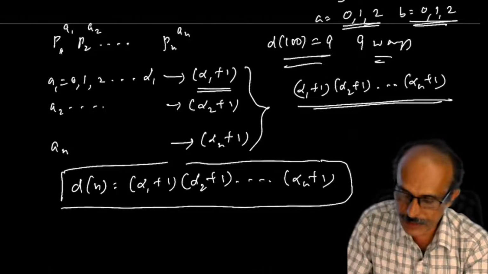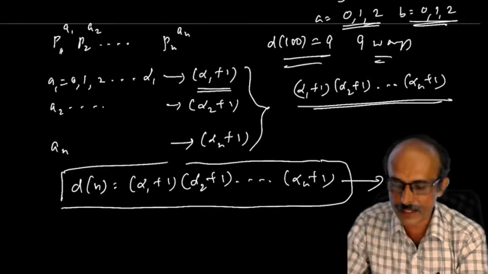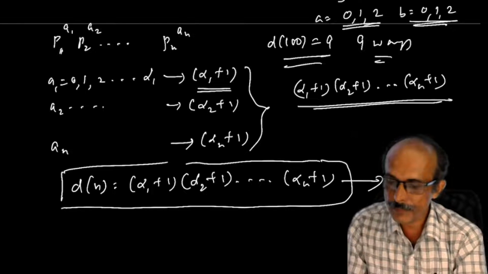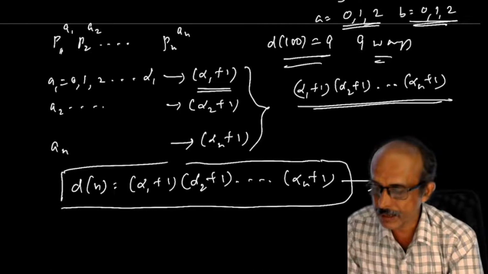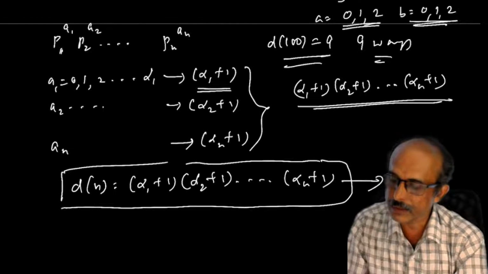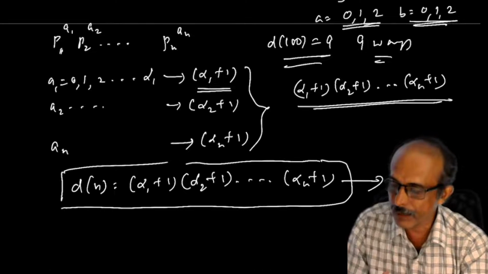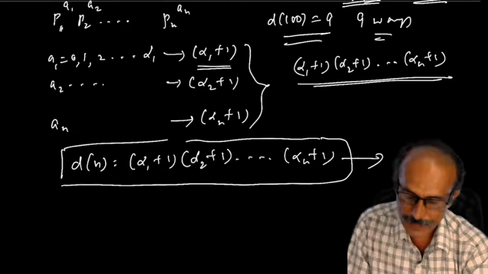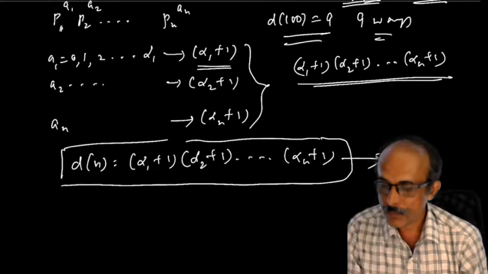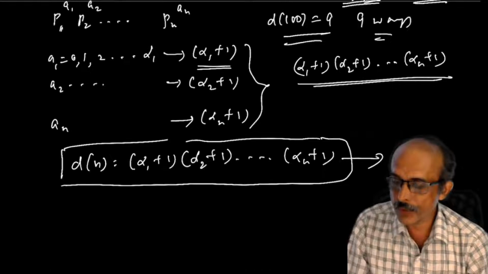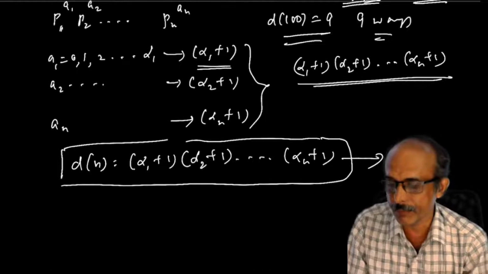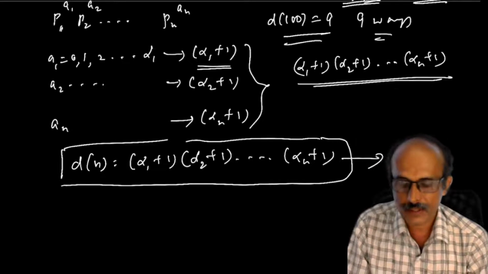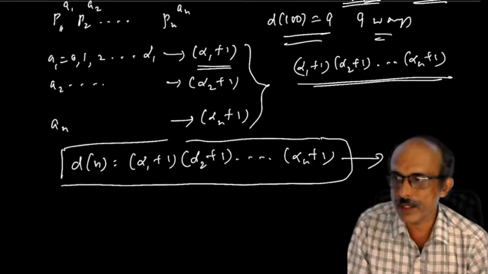So using this form, we can characterize a 3-digit number. Not only that, in general, a number having odd number of factors. How do you characterize this? So any number having odd number of factors, what is the observation?